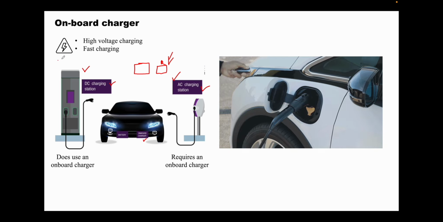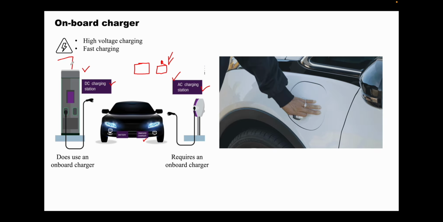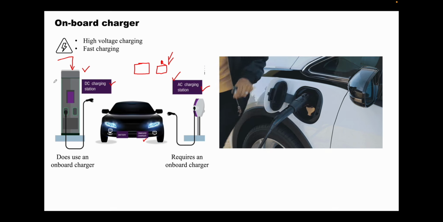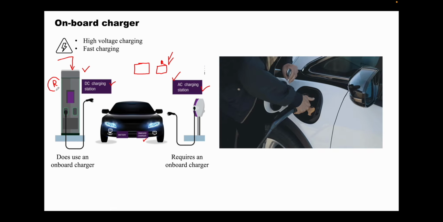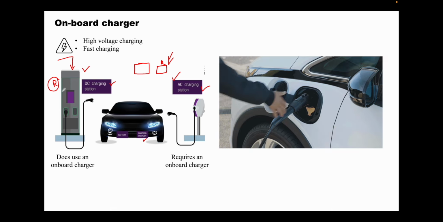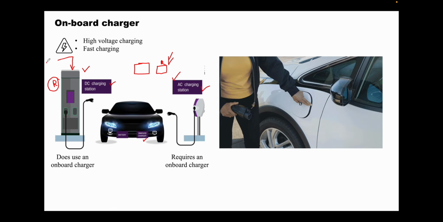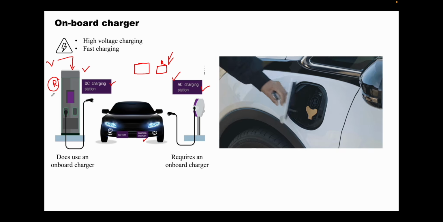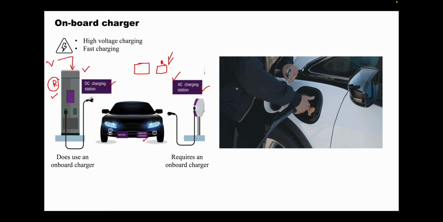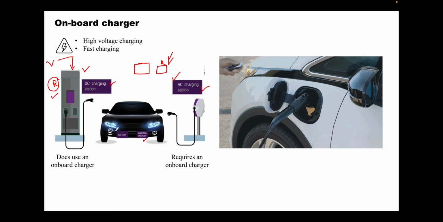These power stations are connected to the grid directly, and there is a rectifier present here, a big rectifier with a higher power rating, which converts this grid AC into DC inside this power station, and through that you charge your electric vehicle.